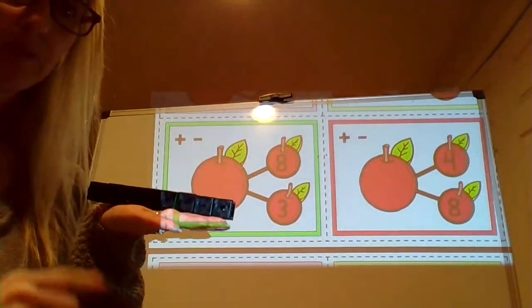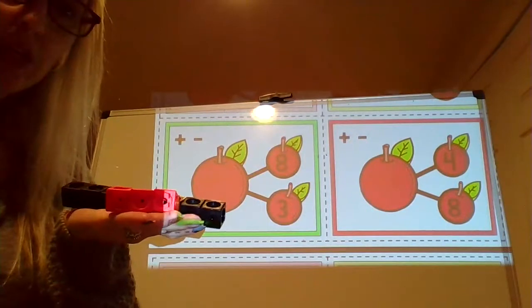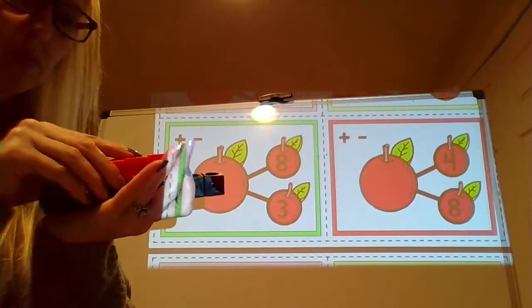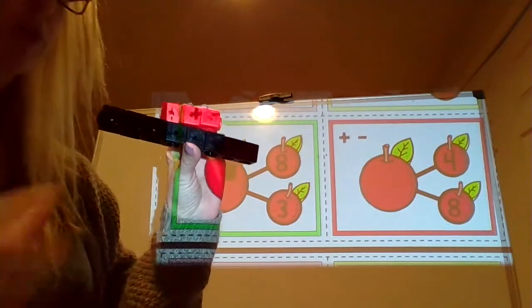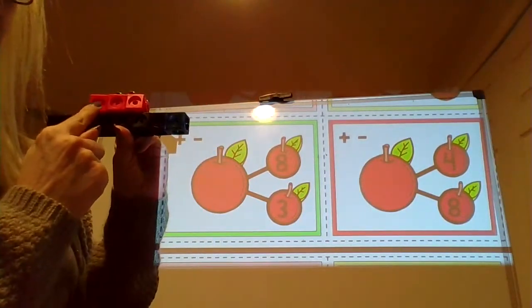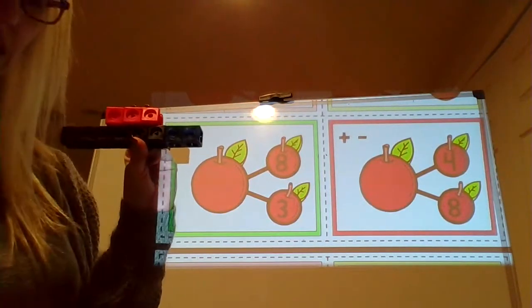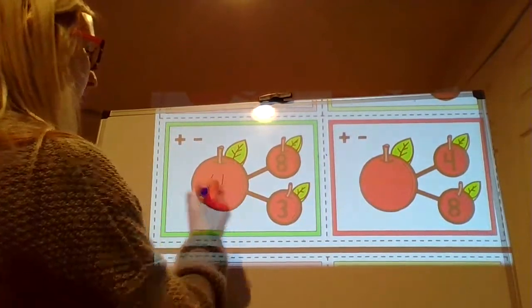Okay, ready? Got 8 here, and then 3 more. Which number is bigger, 8 or 3? The 8 is bigger, so we're going to count on. Ready? 8, 9, 10, 11. 8 plus 3 equals 11.